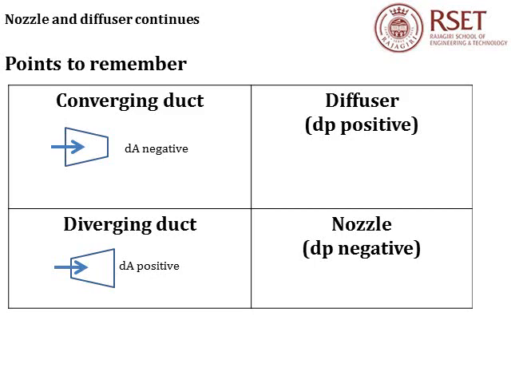For a nozzle, the fluid passing through undergoes expansion. The velocity increases at the expense of pressure. Here, the pressure reduces in the direction of flow. Hence, the change in pressure, that is dP, will be negative.